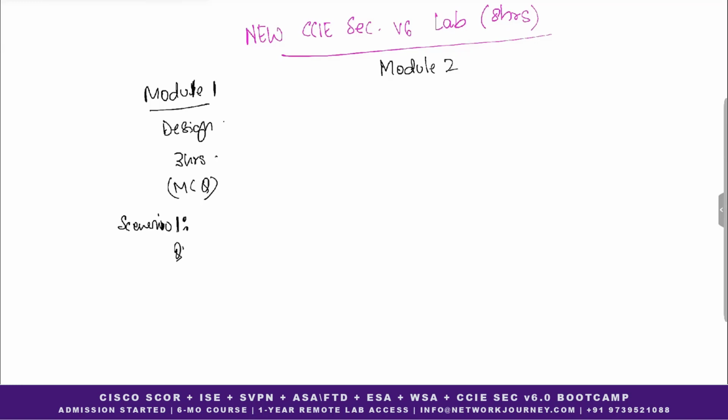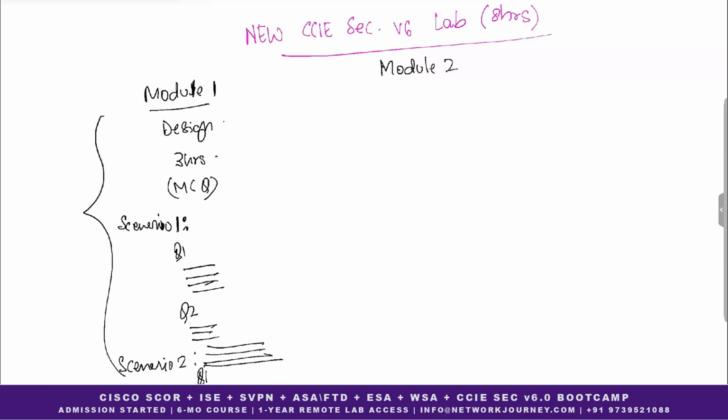You have question one with some answers, a second question with some answers, then you get the second scenario, again some logic, then questions based on it. You can clear this if you read things properly and understand the network concepts. It's a 3 hour paper.